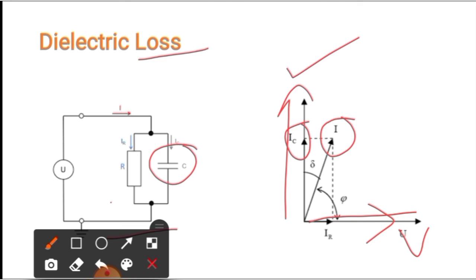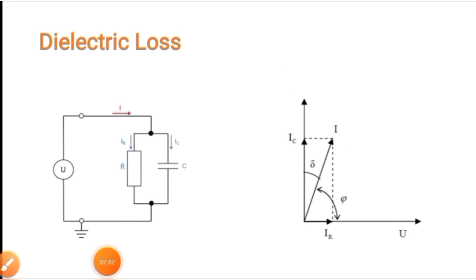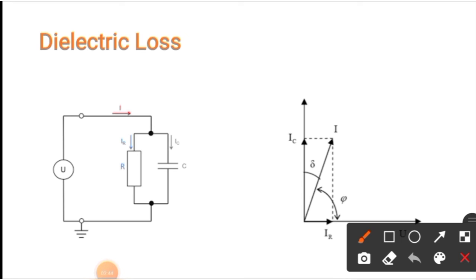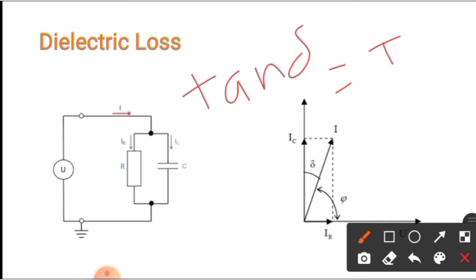Now the dielectric loss is measured by the loss angle tan delta. So here in this case, tan delta is calculated by the opposite side, that is IR, and the adjacent side IC.